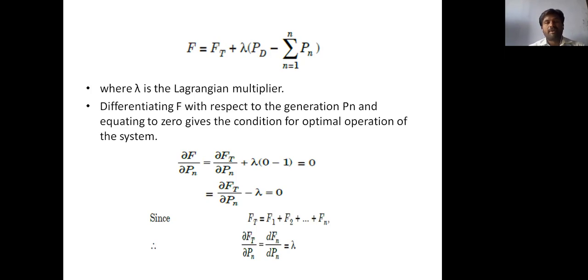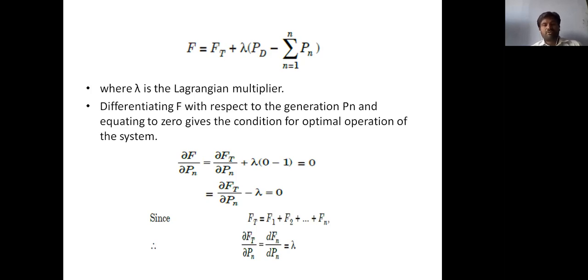Differentiating with respect to Pn: dF by dPn equal to dF_T by dPn plus lambda into d by dPn of PD minus the summation of Pn. Finally, dF by dPn equal to dF_T by dPn plus lambda into 0 minus 1 equal to 0, so dF_T by dPn minus lambda equal to 0.